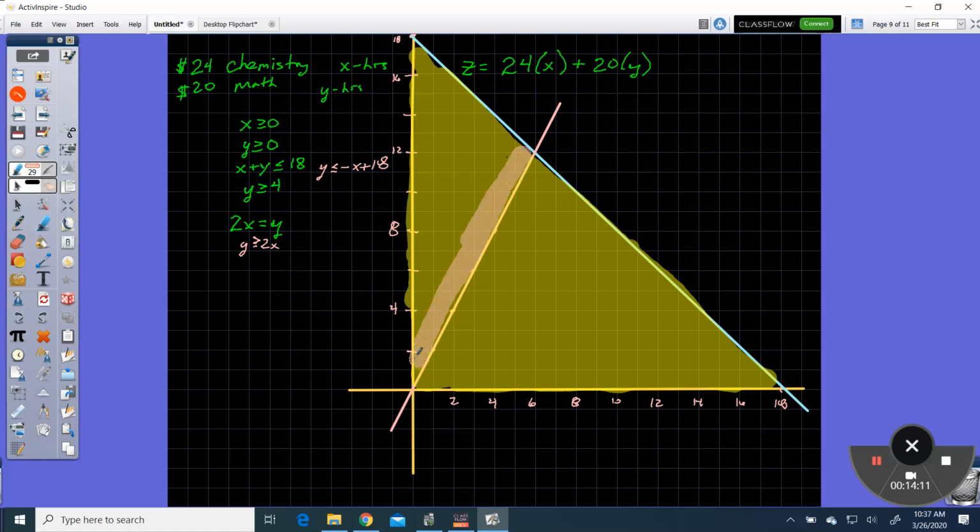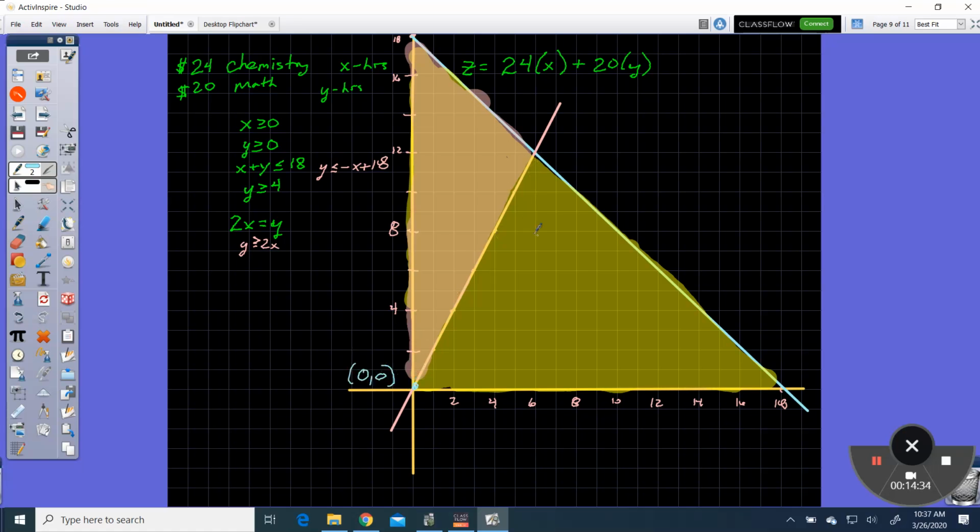That line. So the only part where it's all shaded is in this triangle right here. So we're going to use this triangle and the vertices of it, okay? So we're going to find the vertices of this triangle to plug into this to find our maximum amount given those rules that we have to follow. So here's one vertex, that's at 0, 0.